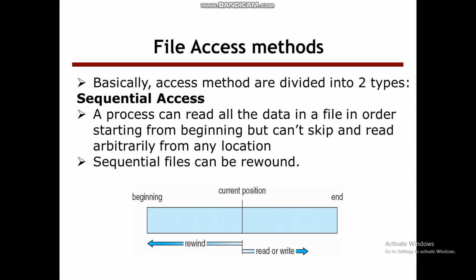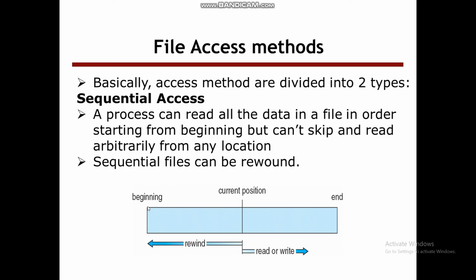It cannot skip and read arbitrarily from any location. For example, a file consists of 100 records and the current position of the read or write head is at the 45th record. Suppose we want to read up to the 75th record from 45, we must go through 46, 47 and so on, not from any arbitrary location.